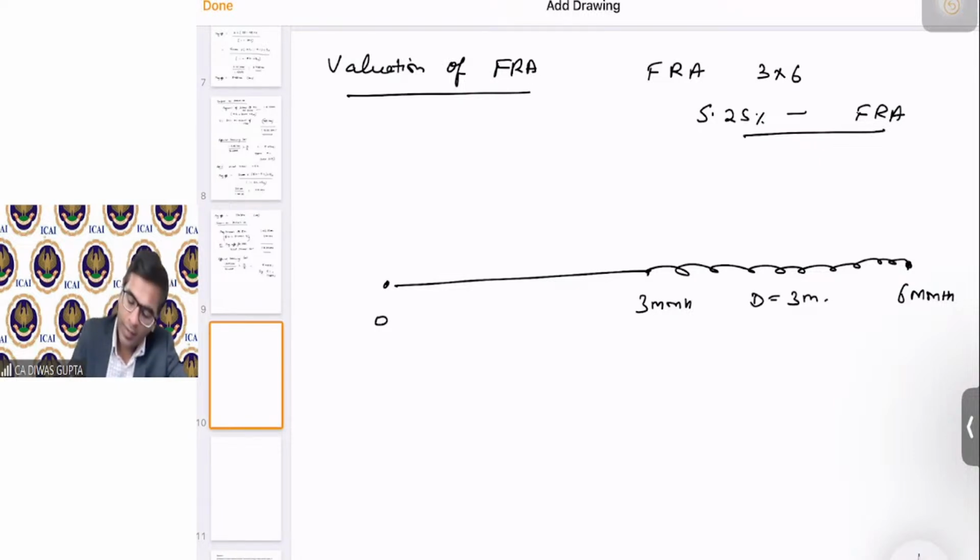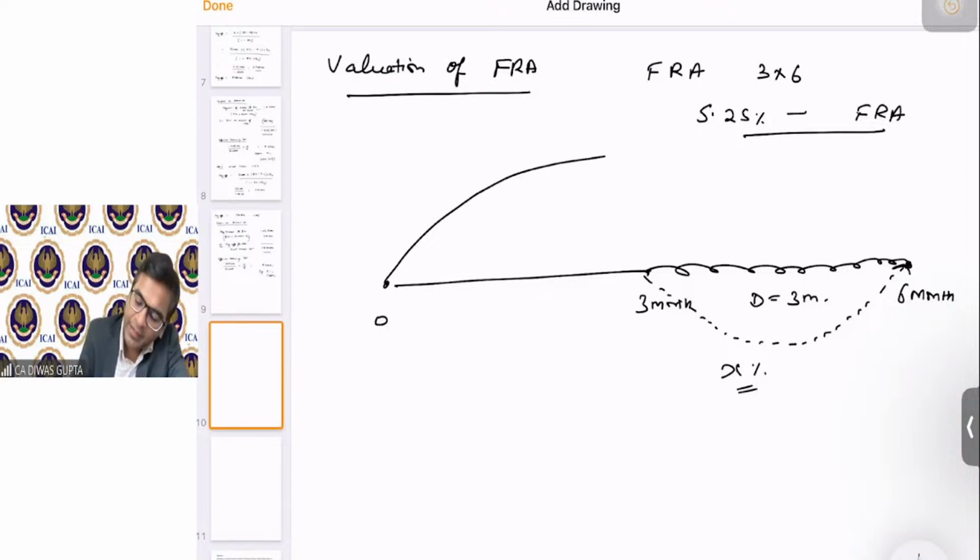Now students, what are we trying to value here for FRA? The value we are trying to find out is this interest rate, right? For 3 months to 6 months, which is third month from now, what is the interest rate going to be? Let's assume it to be X%.